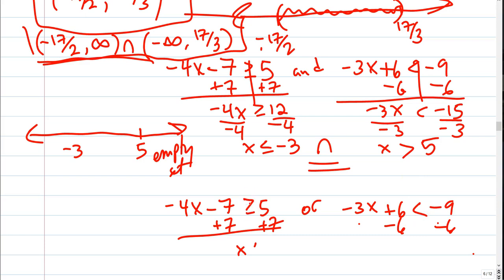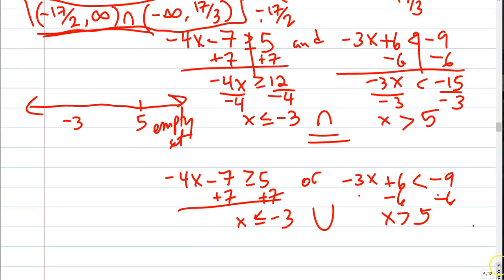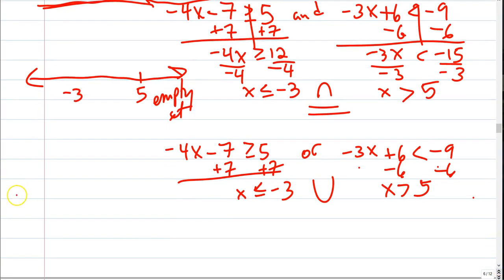Alright, then I'm going to end up with x is less than or equal to negative 3, and on this one, when it flips, x is greater than 5. This time it's with an or. Well, I'm going to graph it the same. So less than negative 3, greater than 5.